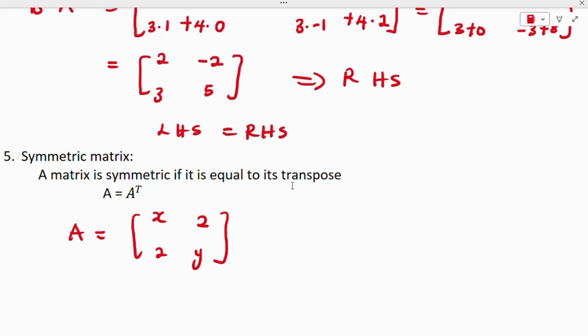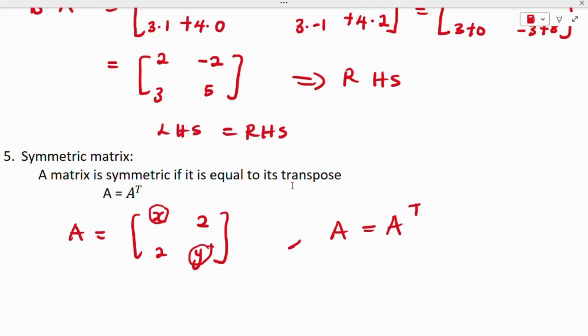Alright, now for A to be symmetric, it simply implies that the matrix must be equal to the transpose of that matrix. So the top left of this matrix, which is x, and the bottom right, which is y, remain unchanged. Now that simply means that we cannot interchange the top left and the bottom right.